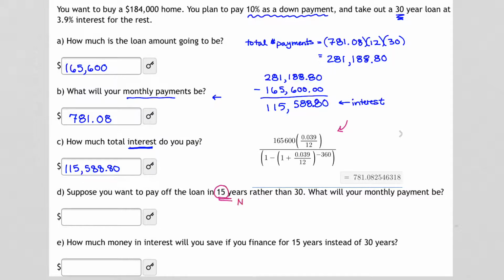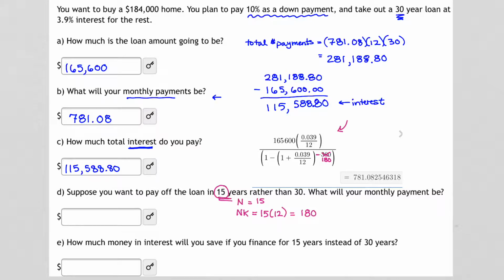That means our N value is changing, and consequently, the exponent NK is the other thing that changes. So if N is 15, NK is 15 times 12, and that is 180. That means that instead of putting 360 as the exponent in our formula, we're going to substitute in negative 180.